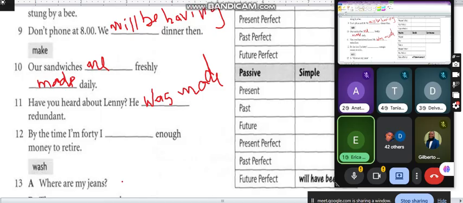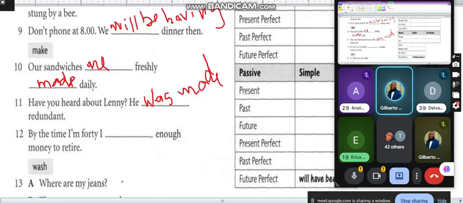By the time I am 40, I will have made enough money to retire, which means that by the age of 40, this person will have made enough money to retire. I hope that is the case for everybody in class. Once you turn 40, you'll have made enough money to retire, forget about work, enjoy your life, travel around the world and visit many places.